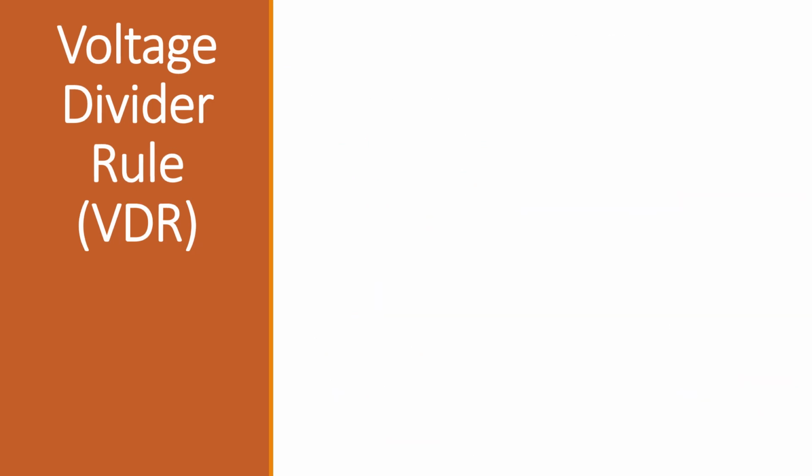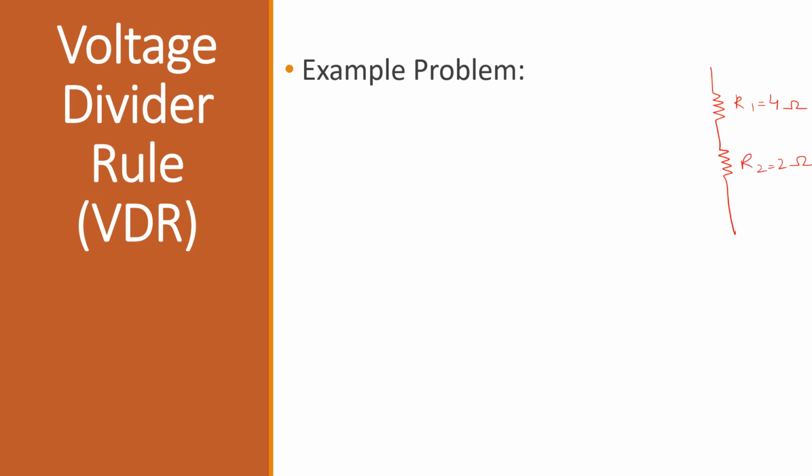Now here is one example problem. If you have a circuit like this, this is R1 and this is R2. This R1 is 4 ohms, this R2 is 2 ohms.